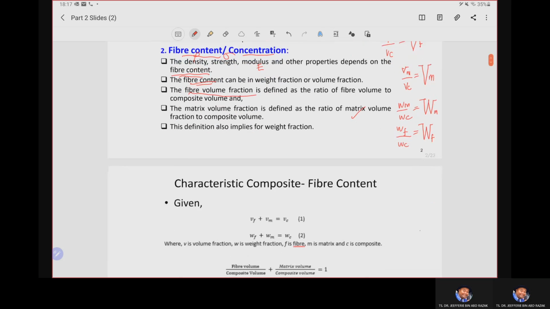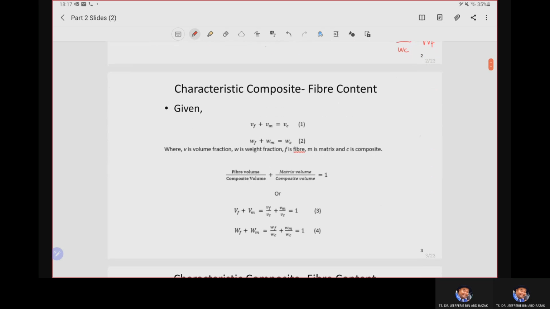So to simplify the understanding, when we relate the volume fraction and the composite volume, the volume fraction of the matrix, the volume fraction of the fibers and the volume fraction of the composite.